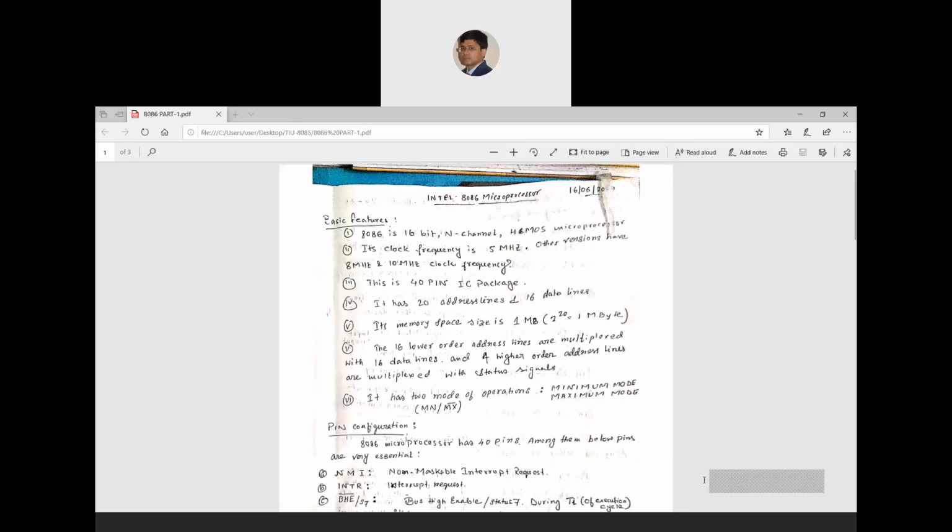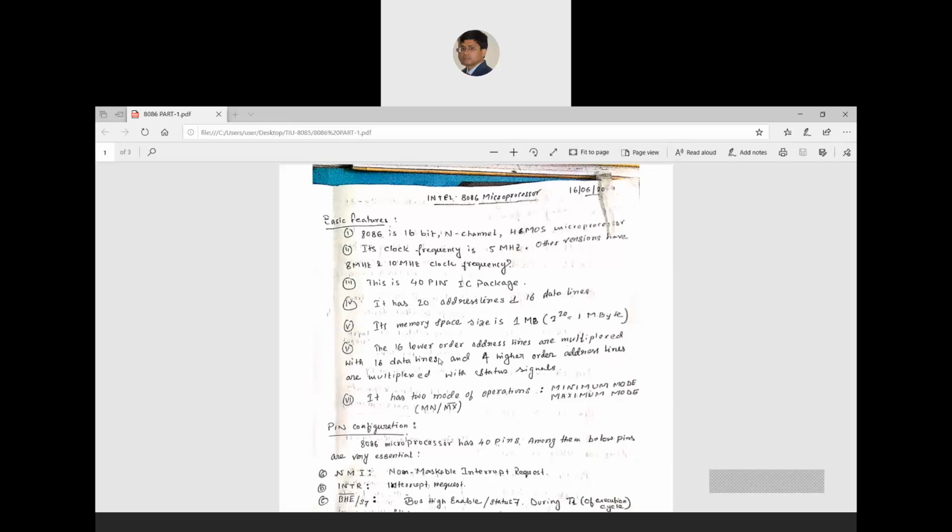So there are many advantages we can note from these basic features of 8086. First advantage, it has higher address line and data line pins. Second, it has a higher clock frequency with respect to 8085. Third, it has higher memory space with respect to 8085.